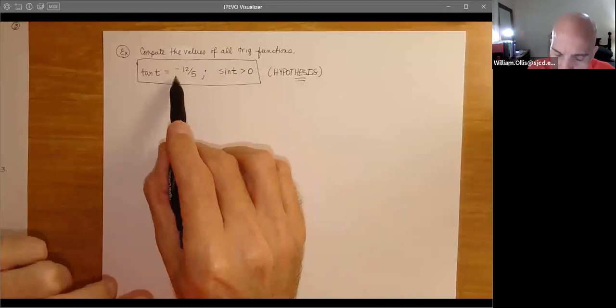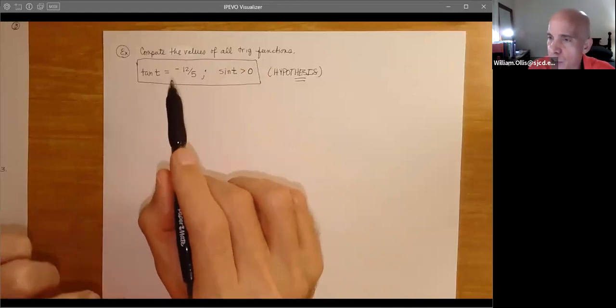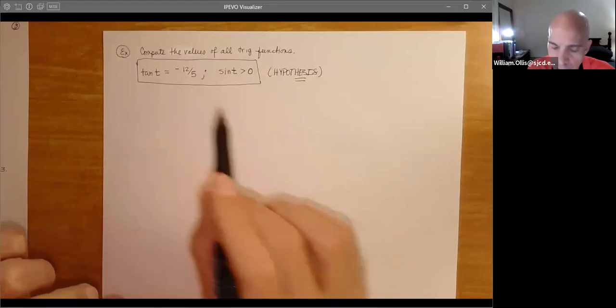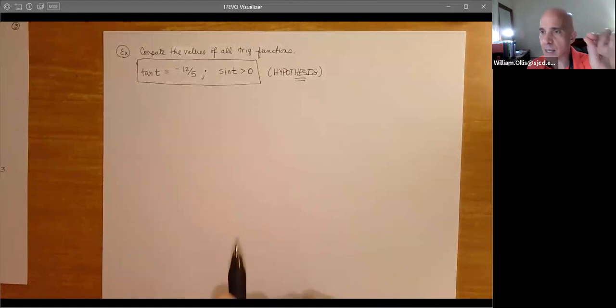Note, if tangent of t is negative, that's going to tell us 2 things. Either t terminates in the second quadrant where x and y have different signs, or it terminates in the fourth quadrant, again, where x and y have different signs.